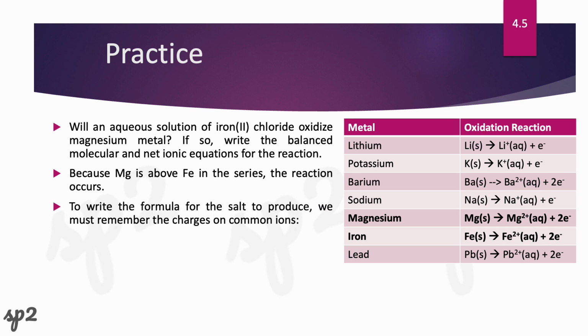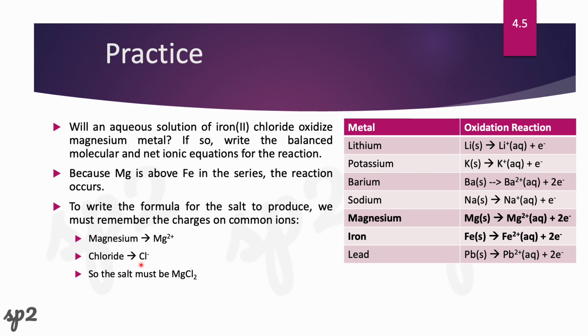And in order to write the formula for the salt to produce, we can think about our common charges, right, that we have for our ions. So magnesium belongs to group 2, so the charge for that must be Mg2 plus, right? And then chloride is our halide, so it should have Cl with a negative charge, right?